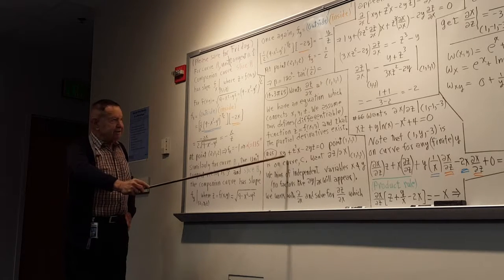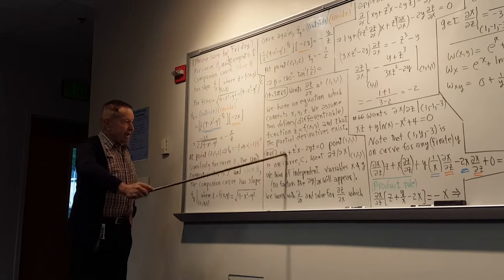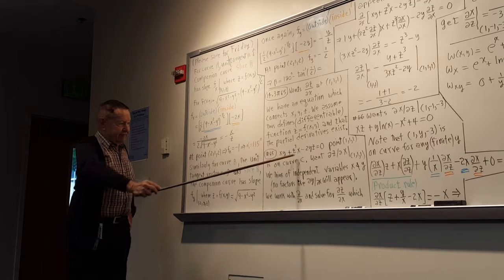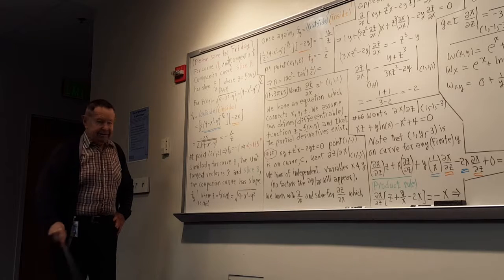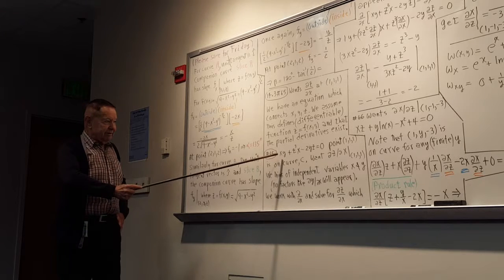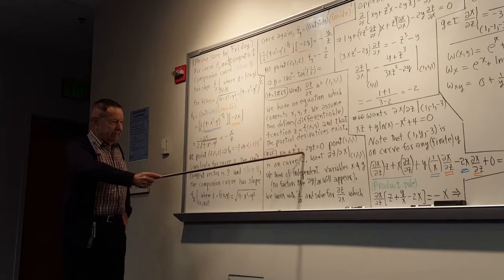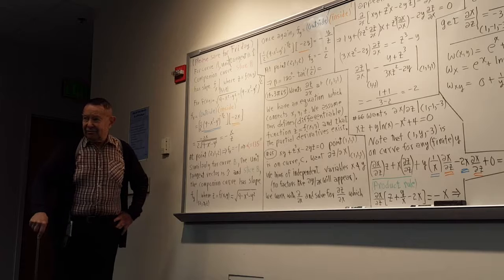That means if you put in 1 for x, 1 for y, and 1 for z, that the left-hand side will add up to the right-hand side. And you can see it does work. If you put in all ones, you get 1 plus 1 minus 2 equals 0. So at least it is a point on the surface.